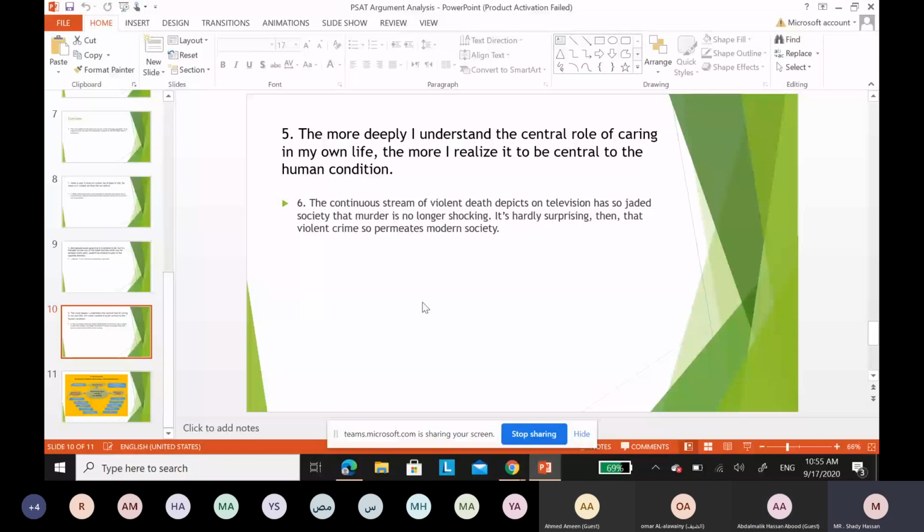The more deeply I understand the central role of caring in my own life, the more I realize it to be central to the human condition. So I've got two sentences in here. That one is before the comma and the other one is after the comma. So which one of these sentences holds the central idea? I mean, the conclusion. The one after the comma. That's right, the first one, Mister.